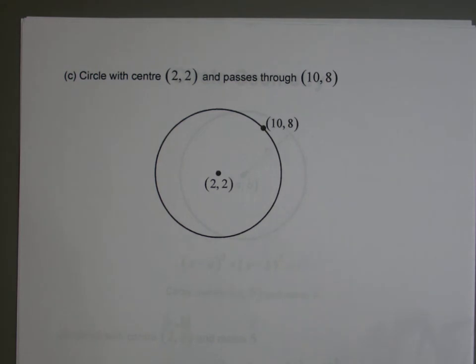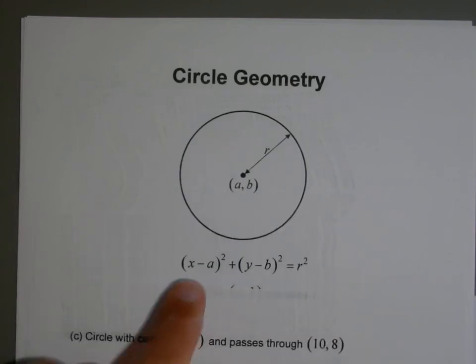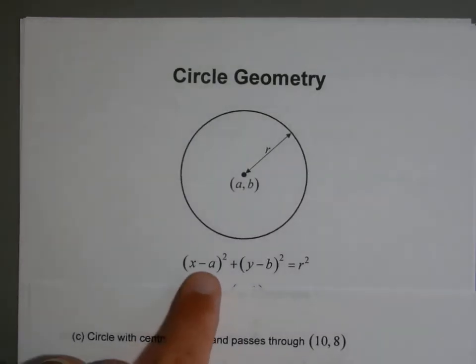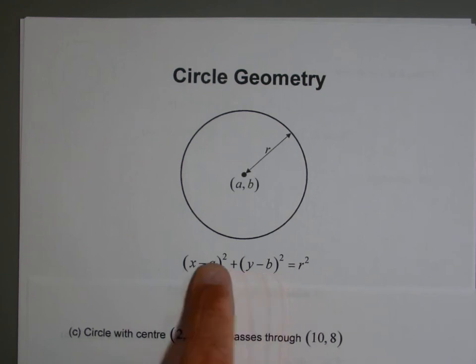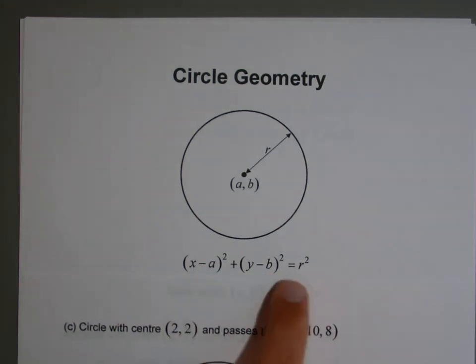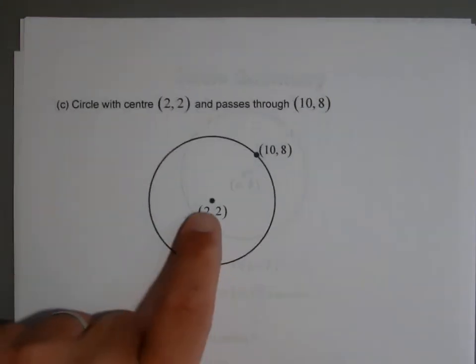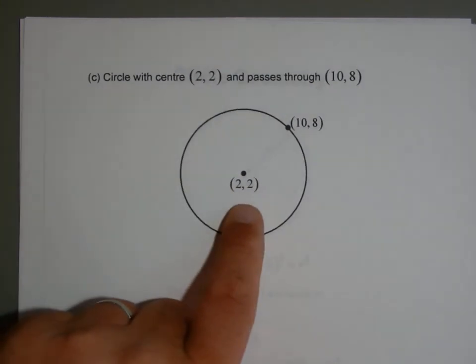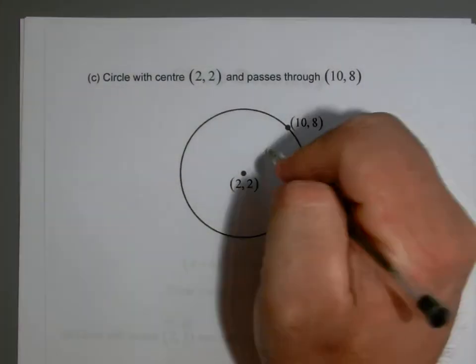Think about the general equation, here it is. You need your center coordinates a, b, but you also need a radius. We've got the center here, 2, 2, but we don't know the radius, do we? We don't know what that value is.